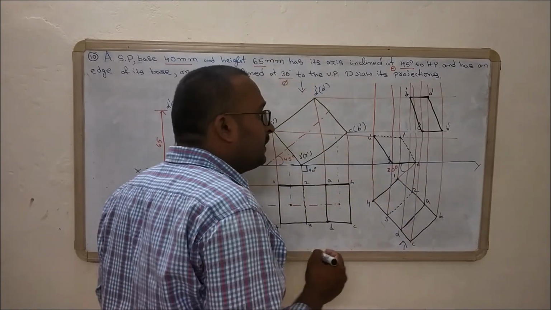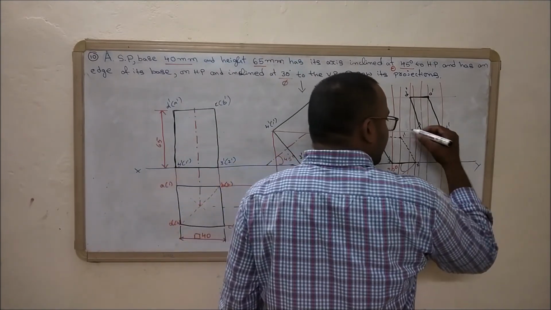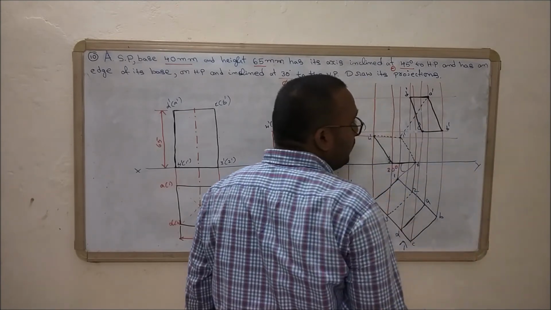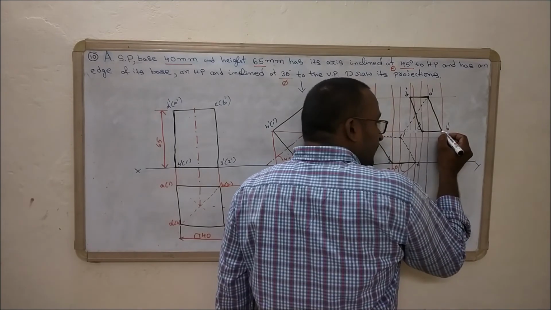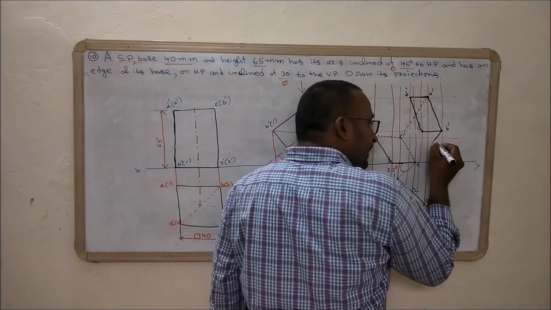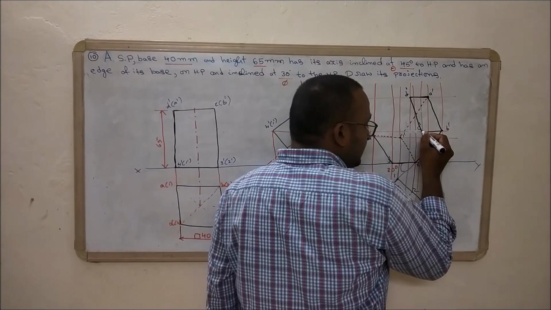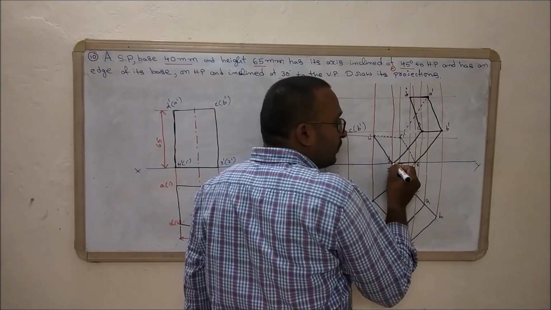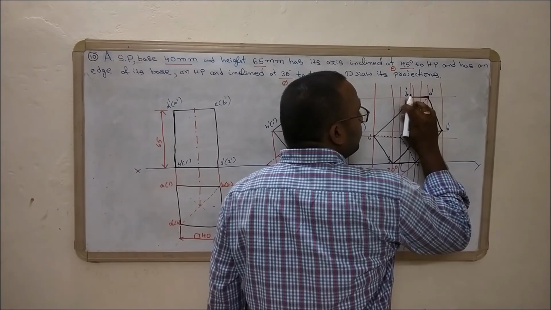Now we need to join A1, B2, C3. So A dash 1 dash will be invisible, B dash 2 dash will be visible, and then here 3 dash 3 dash will be visible, and then 4 dash D dash will be visible.